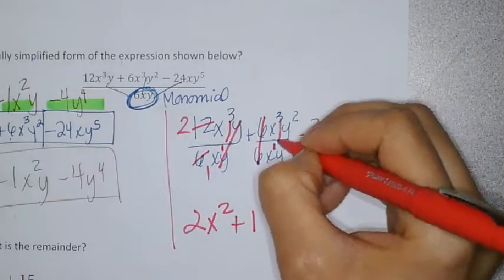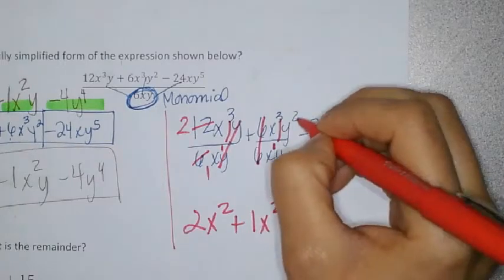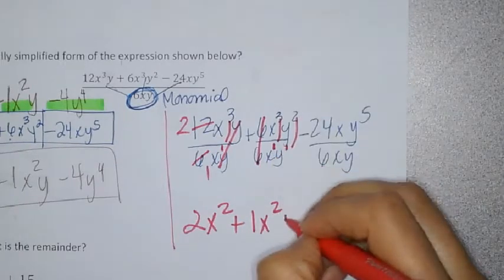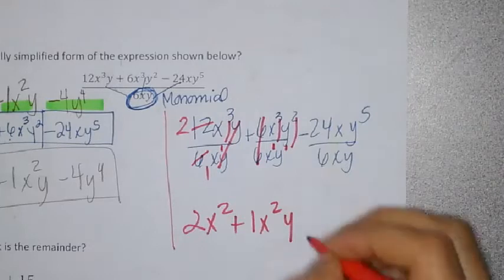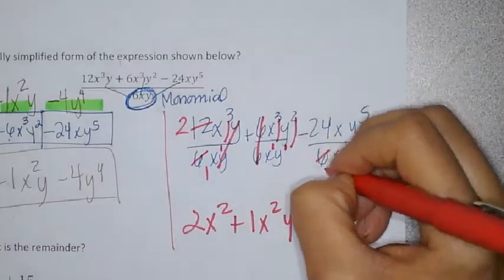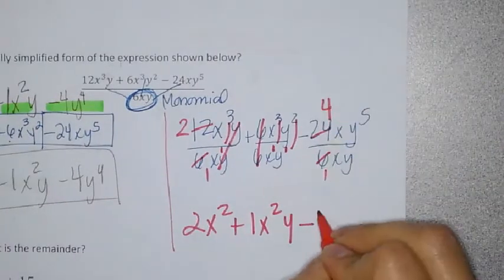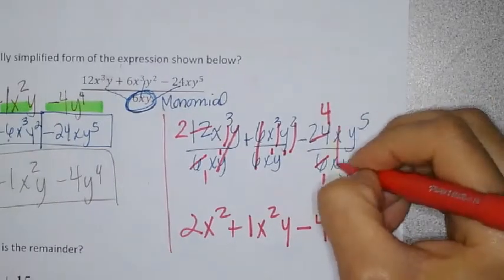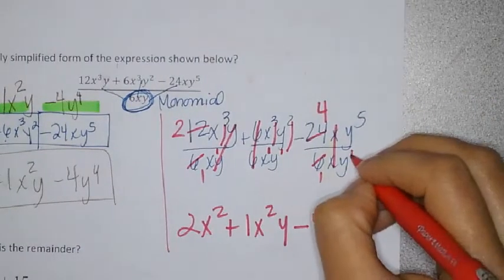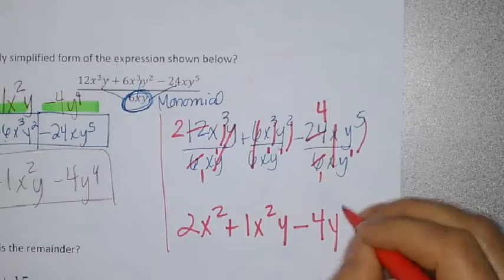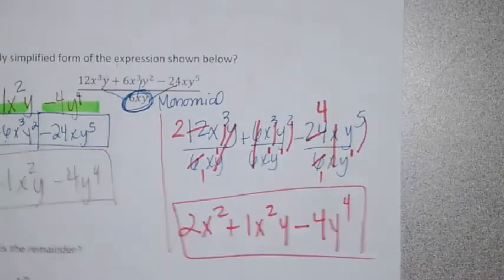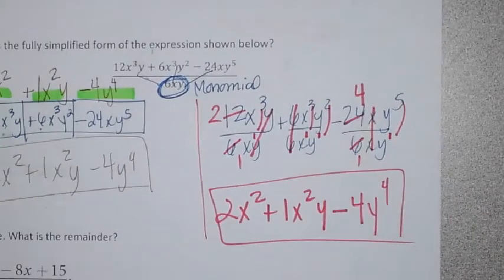This is a 1. 3 minus 1 is 2, and then this is a 1. 2 minus 1 is 1. So you use laws of exponents. So minus 4. The x's cancel out. This is a 1. 5 minus 1 is 4. Okay, so both ways right there.